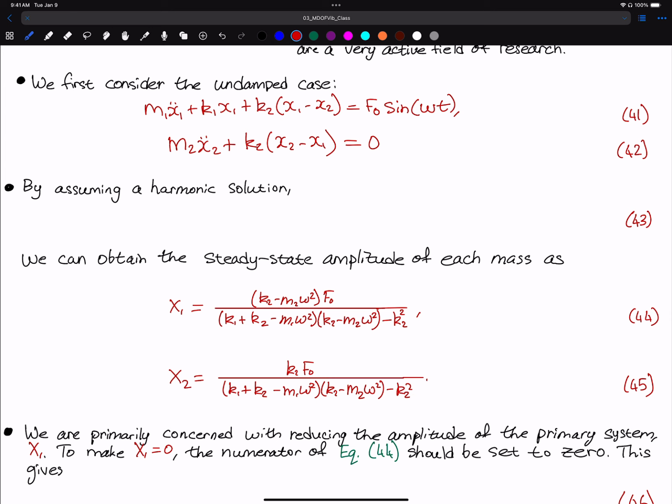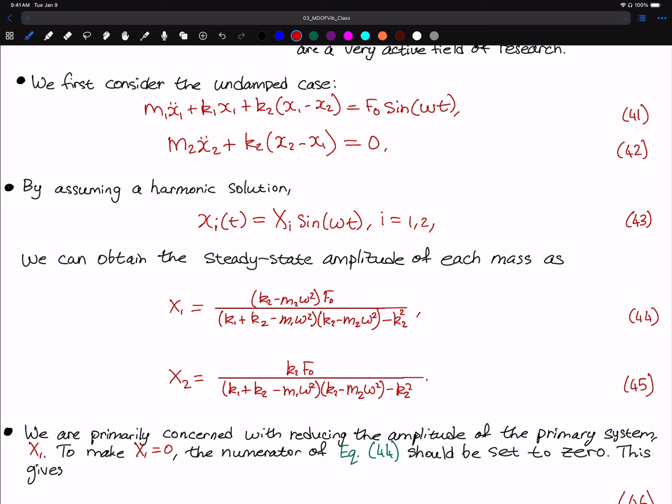This is very much like the case we just saw for that forcing condition. We're going to assume, in this case, a harmonic solution, and we're going to leave it as general. So xi of t is equal to some amplitude Xi sine of omega t, true for i equals 1, 2.